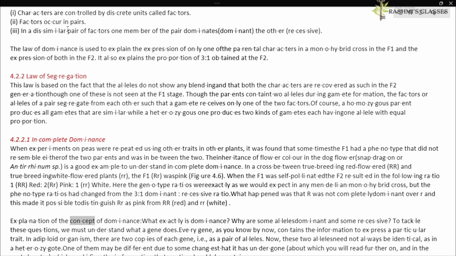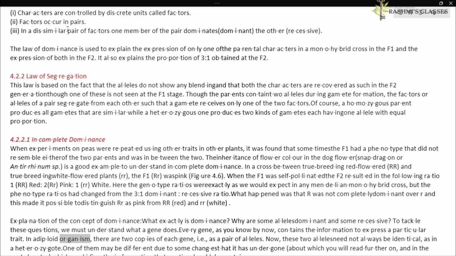Explanation of the concept of dominance. What exactly is dominance? Why are some alleles dominant and some recessive? To tackle these questions, we must understand what a gene does. Every gene, as you know by now, contains the information to express a particular trait.